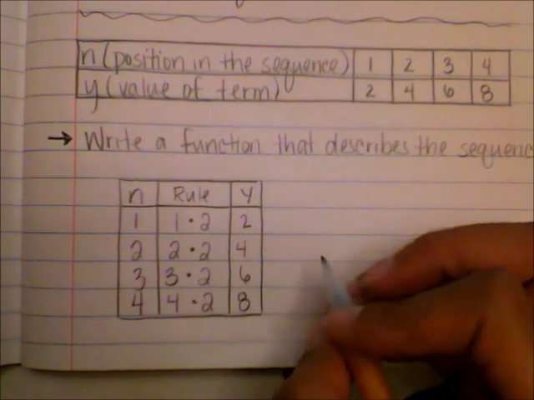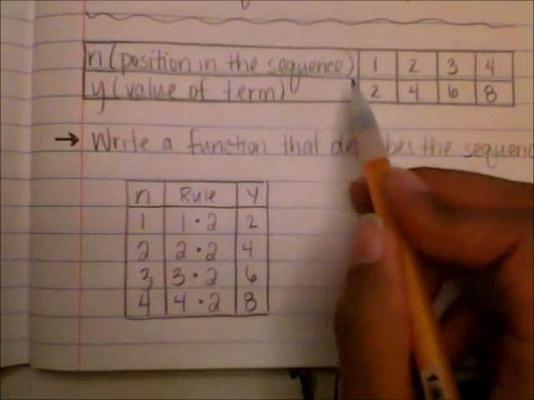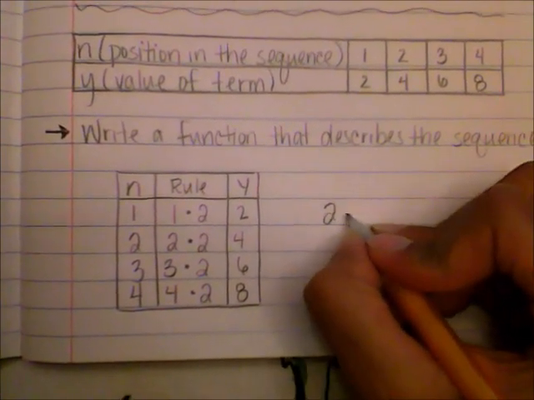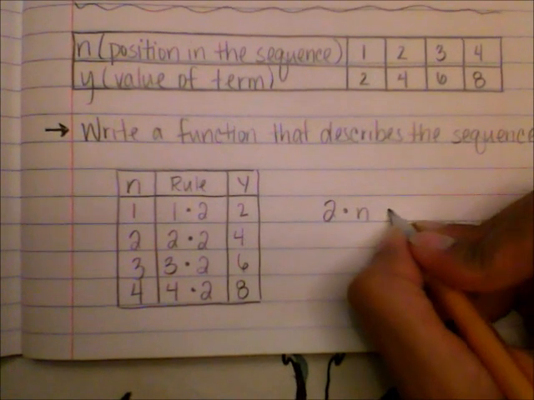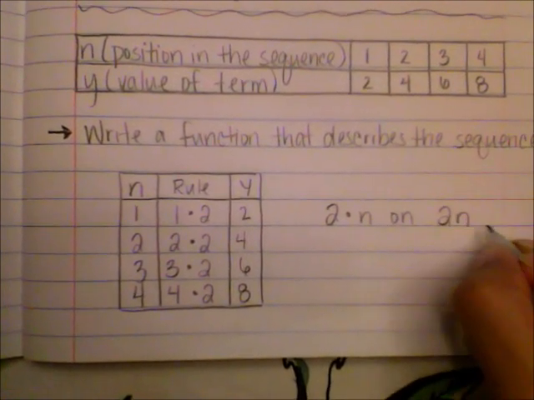Alright, so the rule for this sequence, or the function that describes this sequence, or the pattern in this sequence, is 2 times n, or 2n.